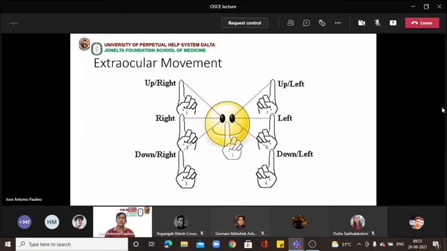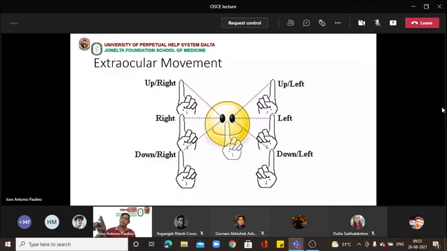So for example, this is how we test the extraocular eye movement. We use our finger and tell them to look straight without moving their faces or heads. Follow your finger. You have to make sure that you reach the maximum part of their eye movement.